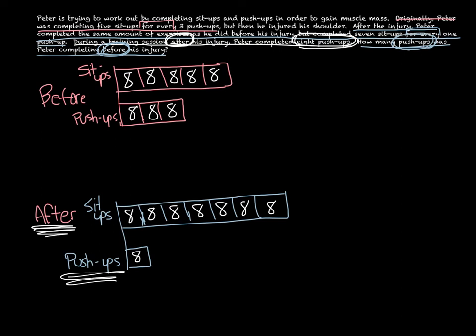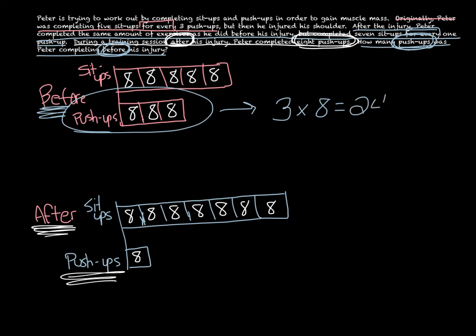So again we want to look at the push-ups category. If I look here, I can clearly see that there were 3 boxes. Inside each of those boxes now is 8. So that will tell me that I have to do 3 times 8 to equal 24.